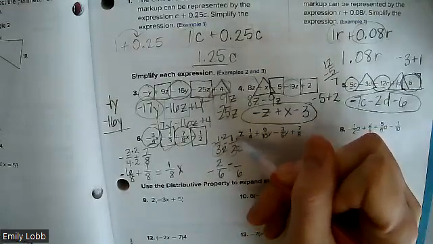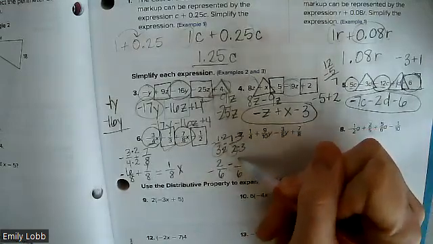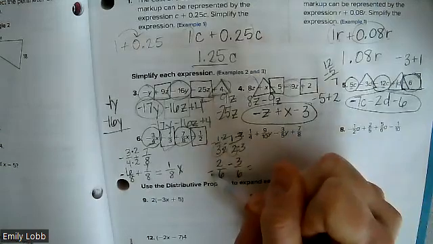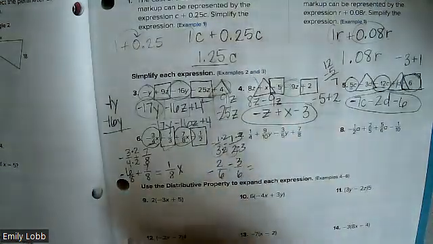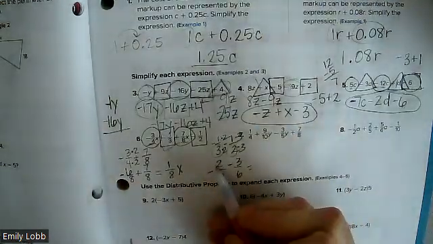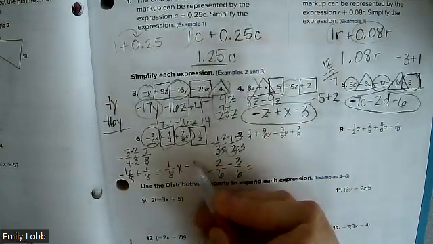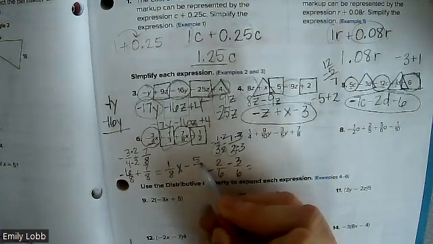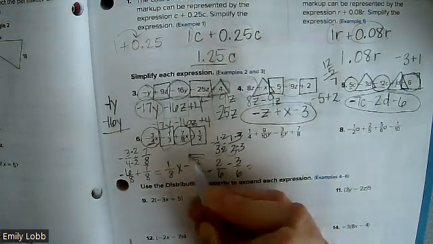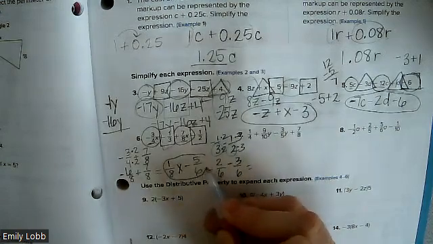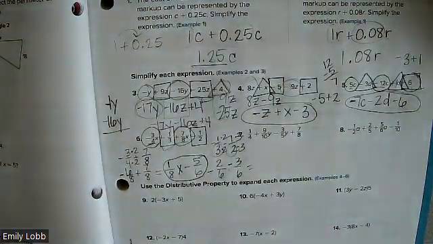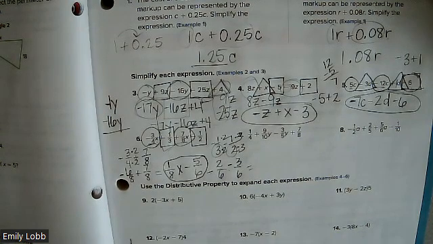And 2 times 3, so 1 times 3 is 3. These are both negative, so it's getting more negative. So what is -2 minus 3? -5, and our denominator stays the same. So is that a bit trickier? Yes, it definitely requires some more steps, but we still should be able to do that.